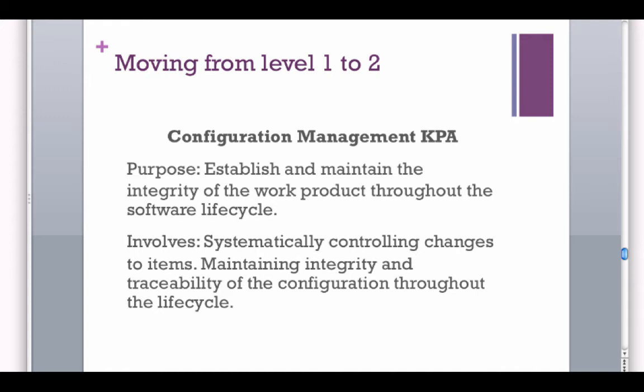So we'll look at the key process areas to get you to level 3. The first one we'll talk about is configuration management. And the purpose here is to establish and maintain the integrity of the work product. A lot of times that means code throughout the software lifecycle. Okay, and this involves systematically controlling changes to items.